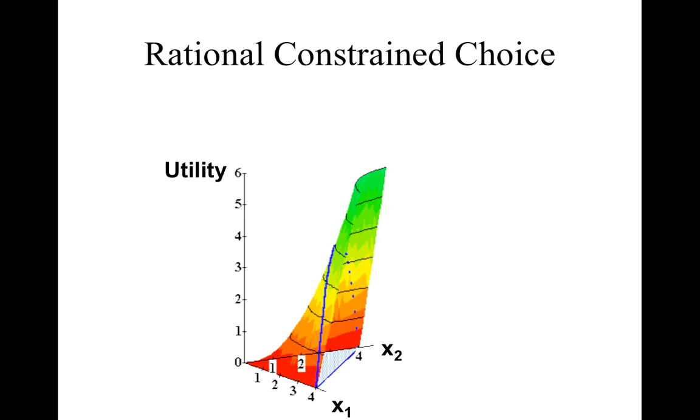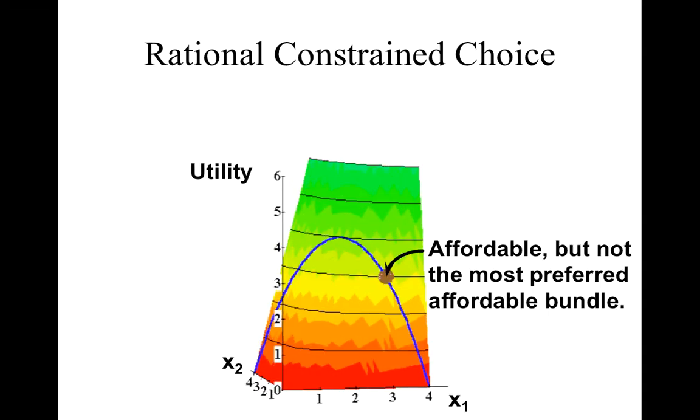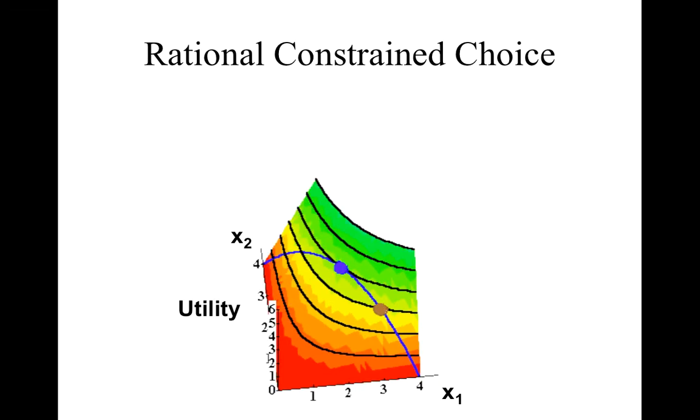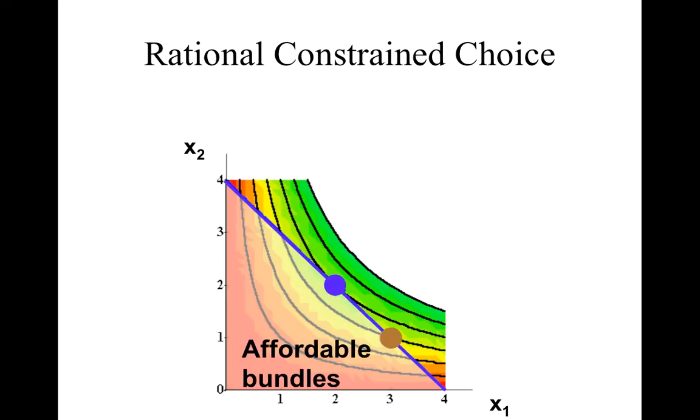Now, let's stretch it out on two dimensions again and see how this point, the highest possible indifference curve that could be reached given the budget constraint, looks on a two-dimensional diagram.